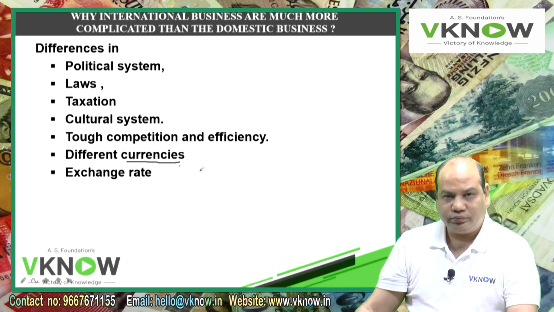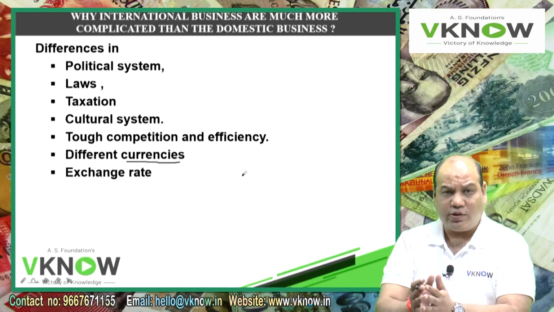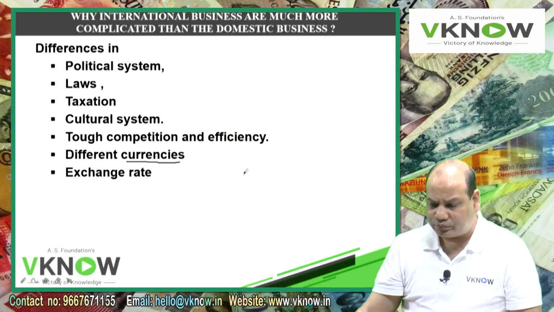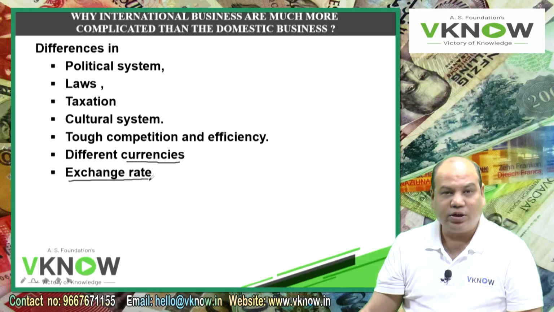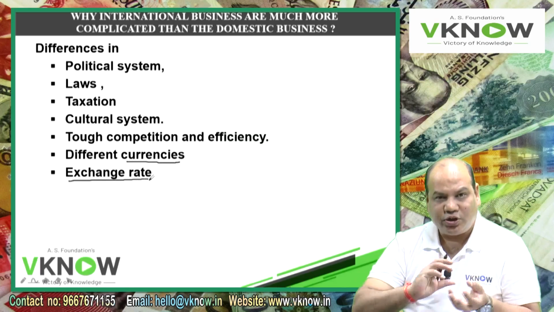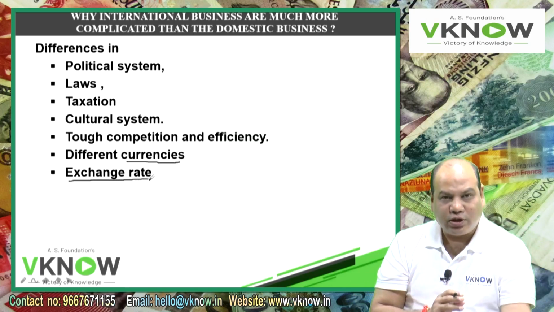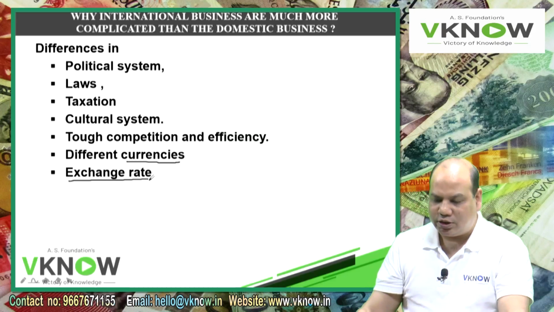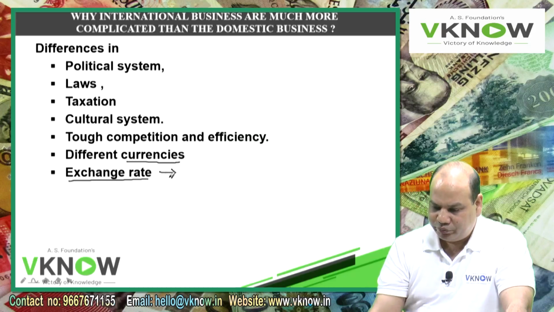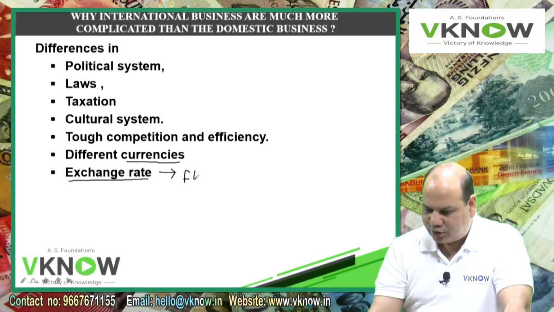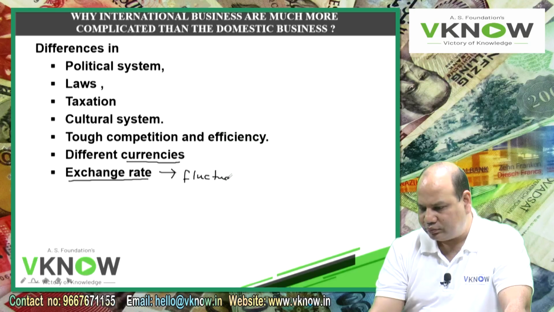Every country has its own currency, except in some cases where a few countries have common currencies, like in Europe. Because different countries have different currencies, there is an exchange rate between every pair of currencies. How many units of one currency is required for 1 unit of the other currency? That is the exchange rate, and exchange rate is fluctuating in most cases.